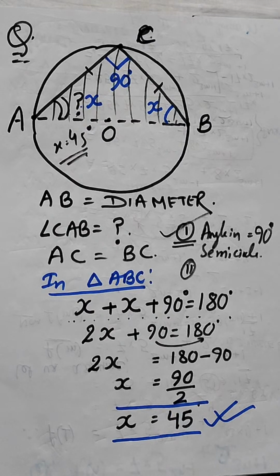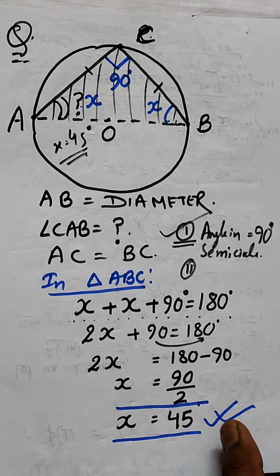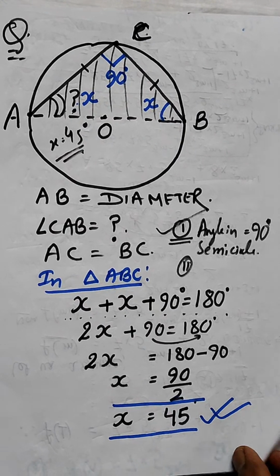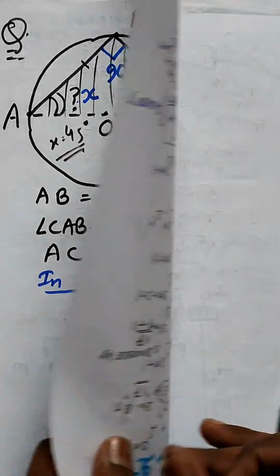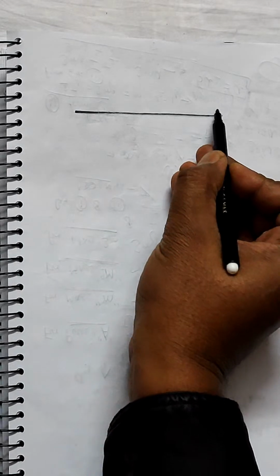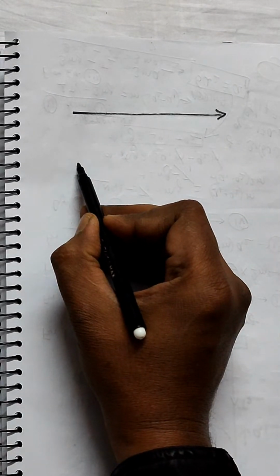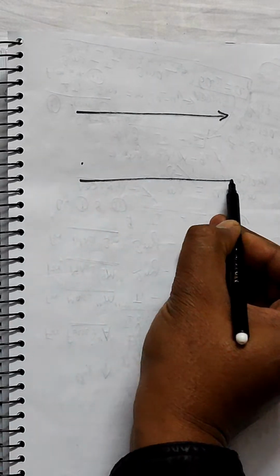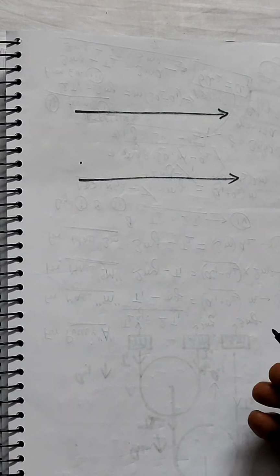Now I'm coming to a separate question which I have put in another shot. Here two parallel lines are given, and they are connected like this.